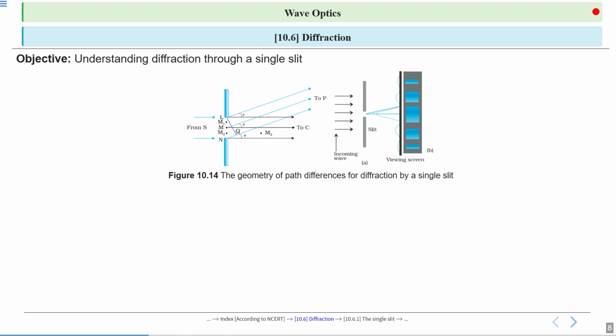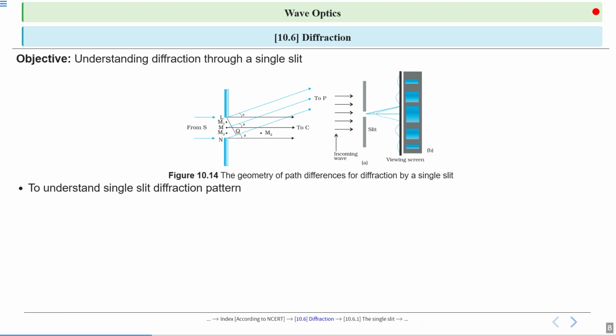What is the path difference between the waves originating from L and N? It is NQ. That is the path difference. On the right side of the diagram, the interference pattern is represented. You can see the central bright fringe is brighter, and the other secondary maxima are less intense than the central bright maxima.